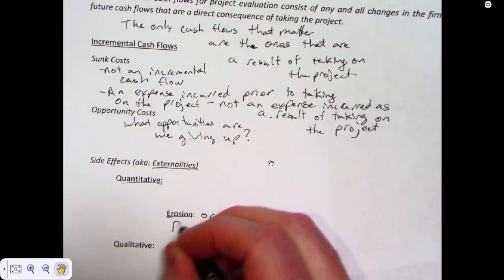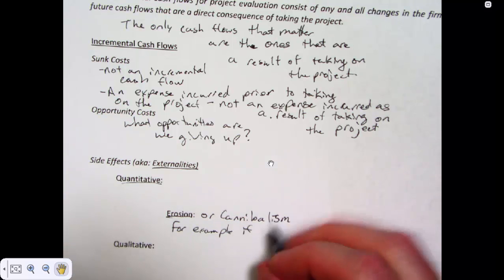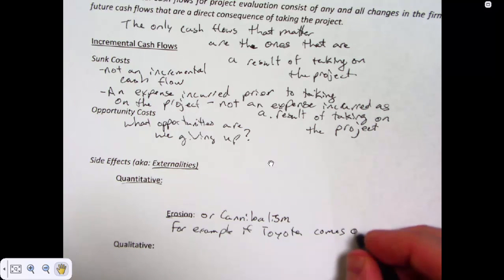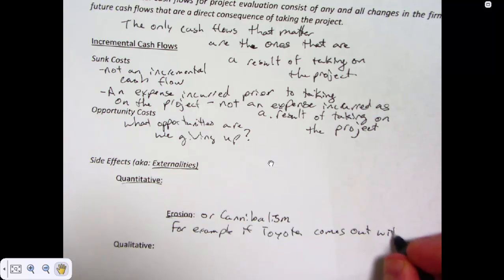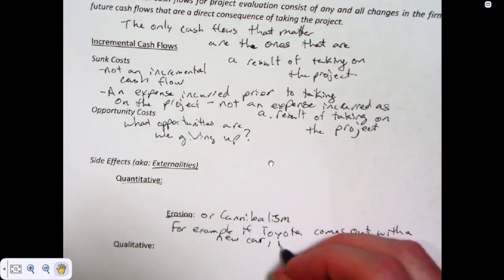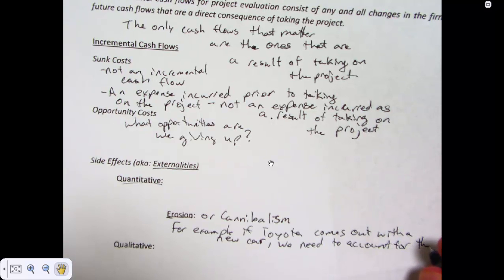So, for example, if Toyota comes out with a new model, or with a new car, we need to account for the loss in sales of other models.